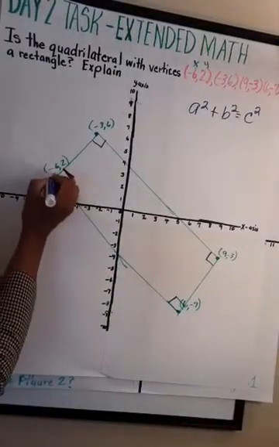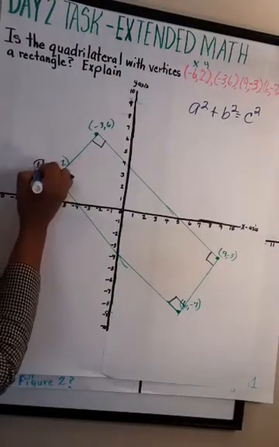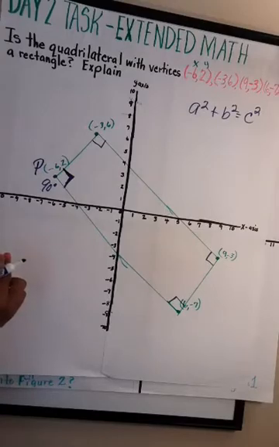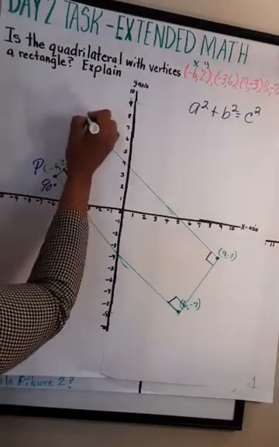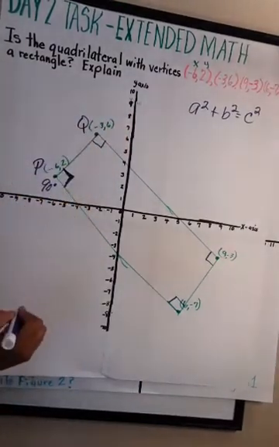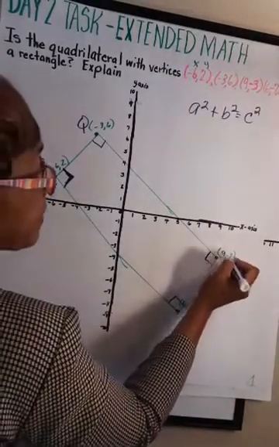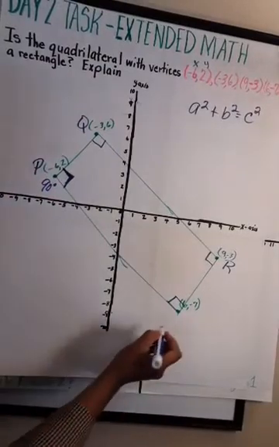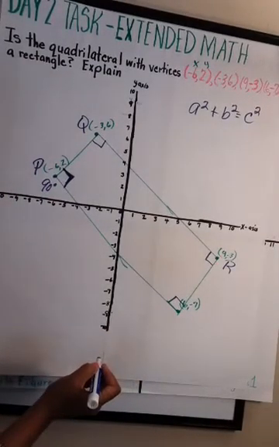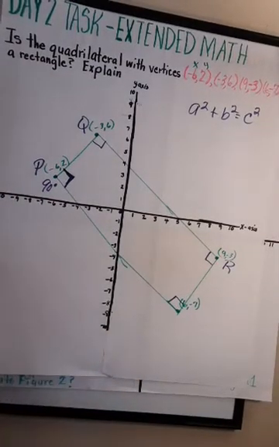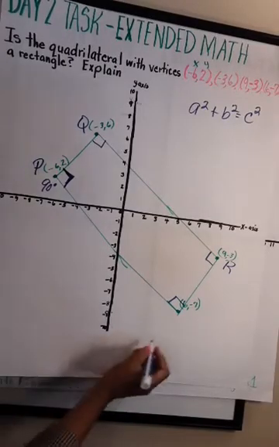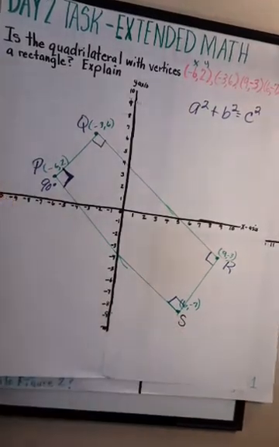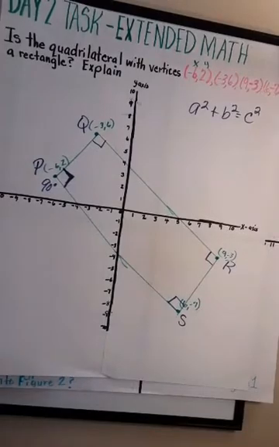This point was called P. This point here was called Q. This point is R on that sheet. And this would be S. Do you see something like that you have? See if you got that sheet.